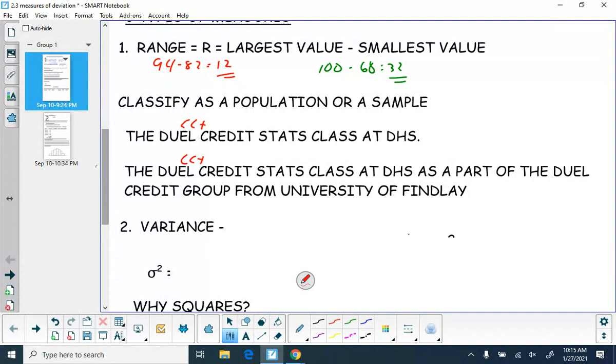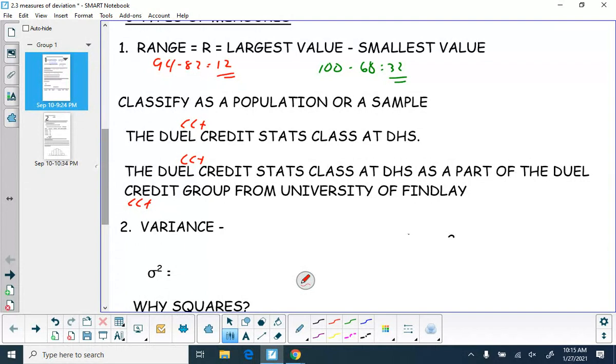Then the second scenario is the College Credit Plus down in high school as a part of the College Credit Plus group from the University of Findlay. One of these is a sample, one of these is a population.